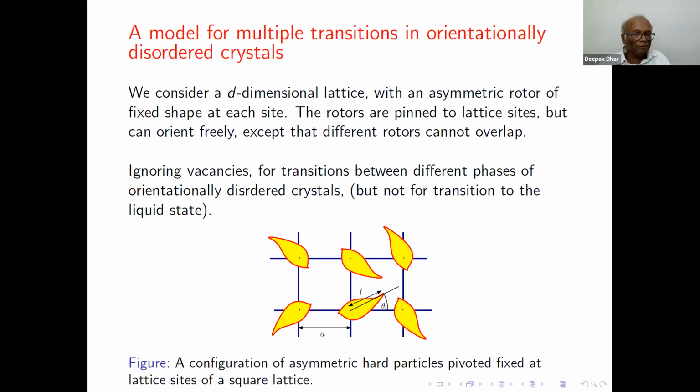So this model cannot address the problem of solid going to liquid, but it can address the question of different phases within the crystal. Crystal of type 1, crystal of type 2, crystal of type 3. So we will see phase transitions in this model. And they are models of the different phases within the solid, within the crystalline set of phases.